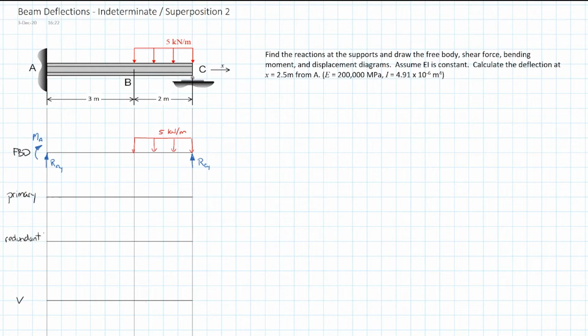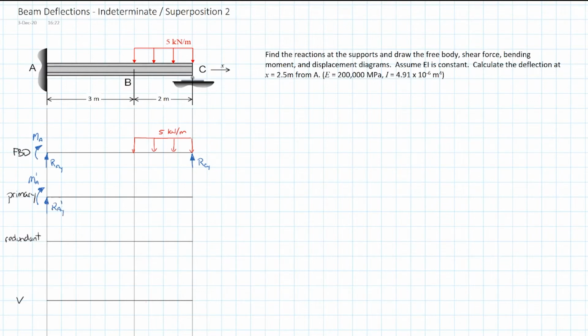So I'm going to go ahead and draw my primary system. I'm going to put in my 2 reactions at A: the moment at A, and I'm going to give it a prime because it's only part of the primary system, not the actual moment at A, and same thing for reaction AY prime.